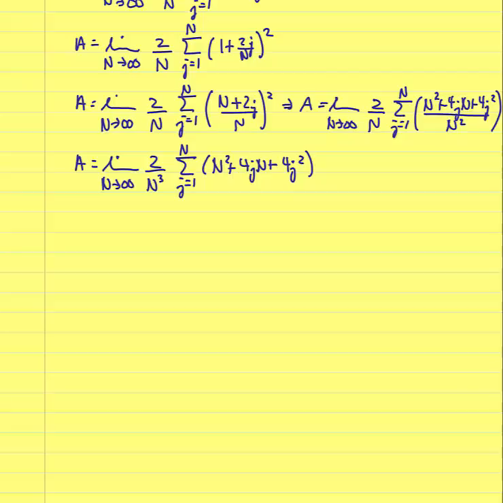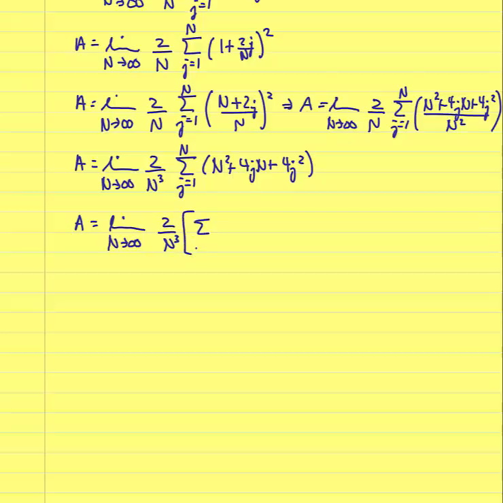Now remember, in the example we did above, we could distribute the sum across addition or subtraction, but this 2 over n cubed goes with everything. So let's go ahead and look at this as equal to the limit as n approaches infinity. And I'm going to keep this 2 over n cubed out front. Big bracket.